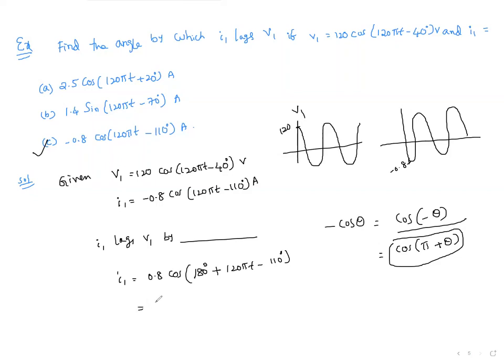Now this is equal to 0.8 cos of 120 pi t, 180 minus 110, 70. That is plus or minus? Plus 70 degrees. See, if I select this cos minus theta, here I will get minus 120 pi t, correct?